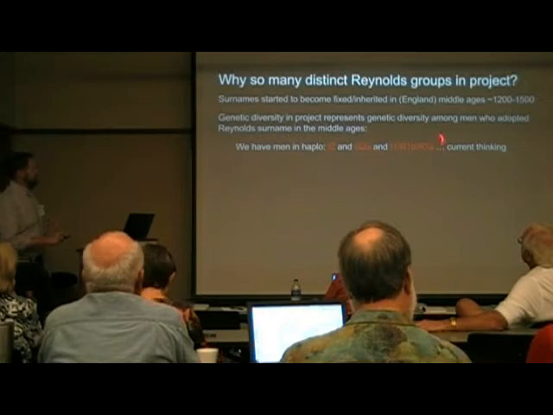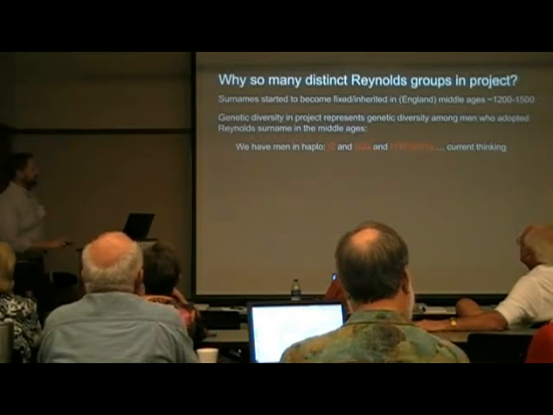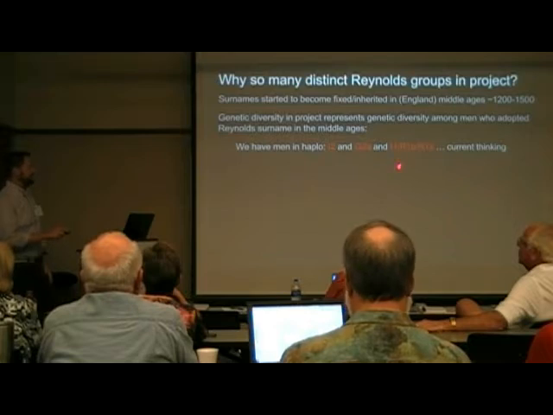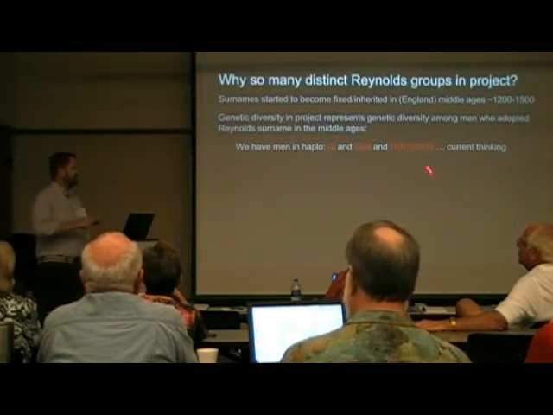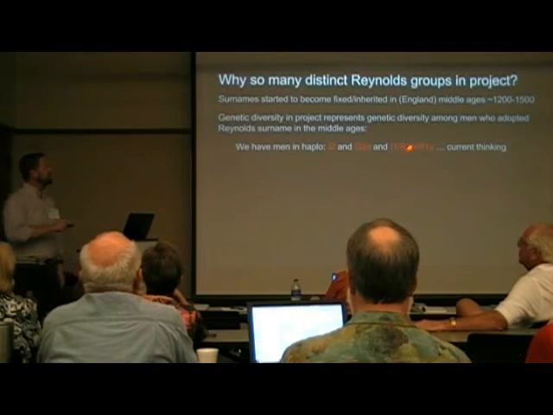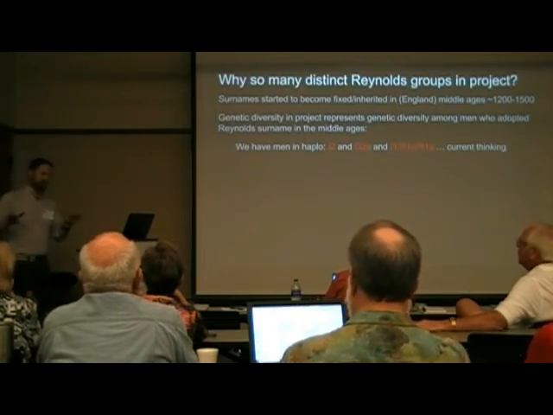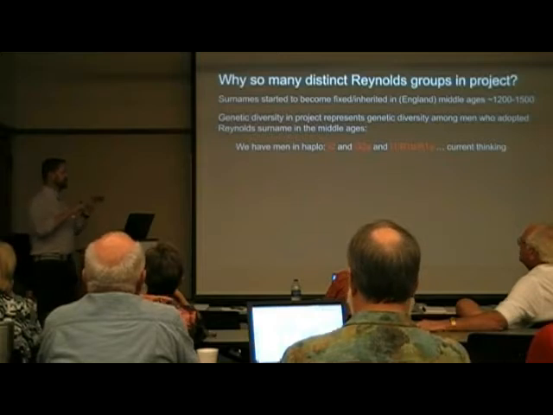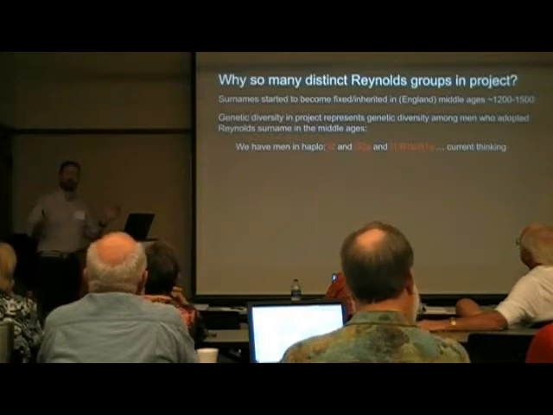So these are the most common major haplogroups, but under these there are hundreds and thousands of different branches and lineages. This explains why there are huge distinctions between some of these genetic clusters in the group, including Reynoldses.